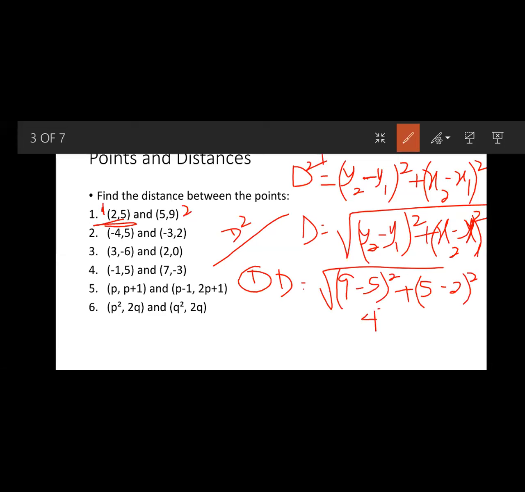That would be 4 squared plus 3 squared. And this is further math class. By the time we do that, we should be able to arrive at 5. 4 squared is 16. 16 plus 9, that's 25. Square root of 25 is 5. So you write it as what? 5 units. So that's the answer to that.